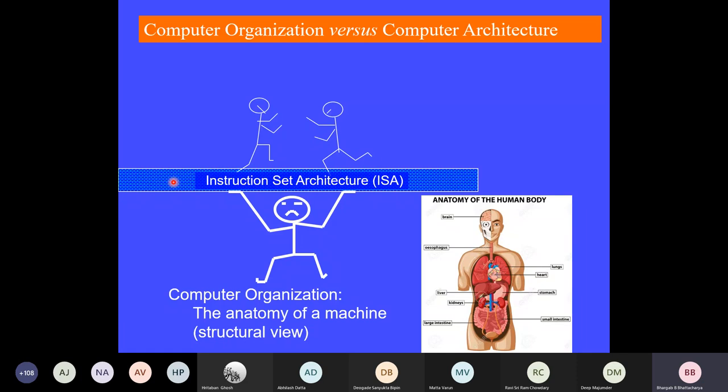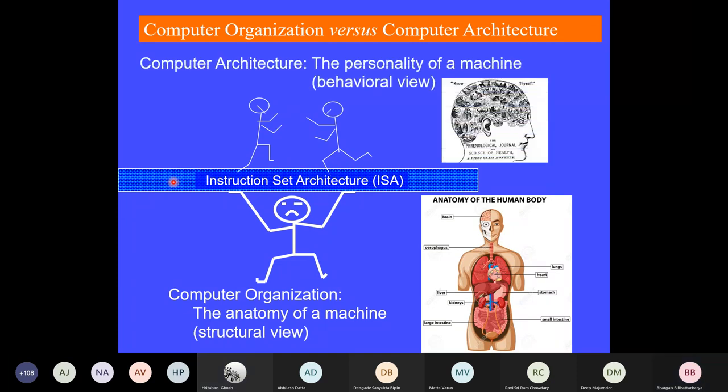And what would computer architecture be then? In terms of a human being, the actions that the human can perform, kind of the personality of the machine. Computer architecture is the personality of the machine, or what actions the machine can perform, the behavioral view.